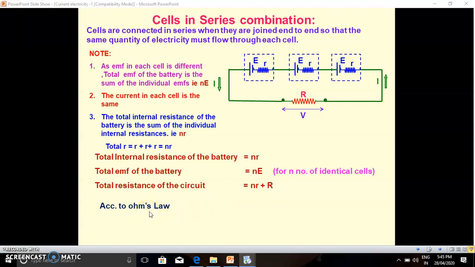Next, according to Ohm's law, we know that V is equal to IR, that is I is equal to V by R. So we can write total current is equal to total EMF, that is potential difference, upon total resistance.